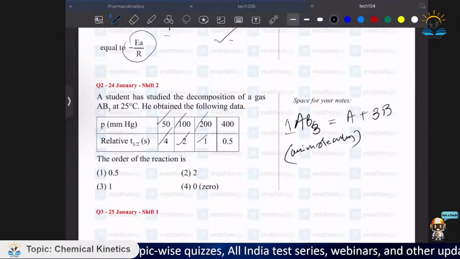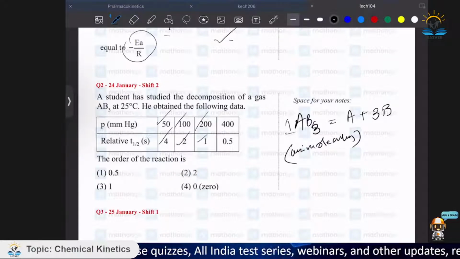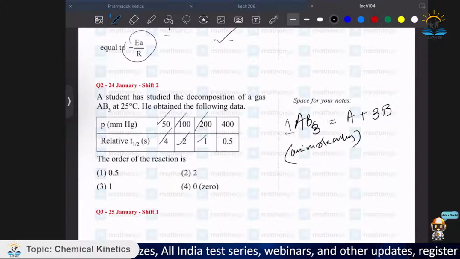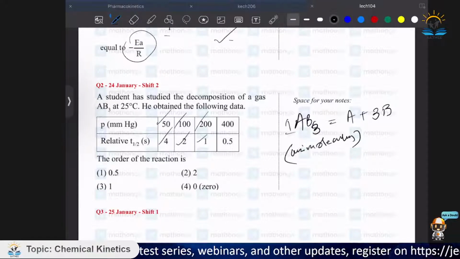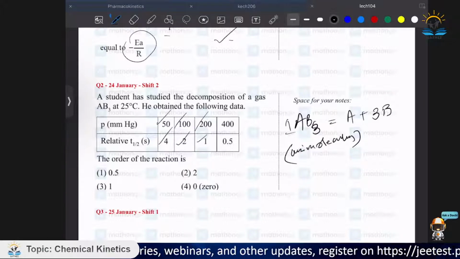Coming back to the formula of half life, let's assume this is a zero order reaction.